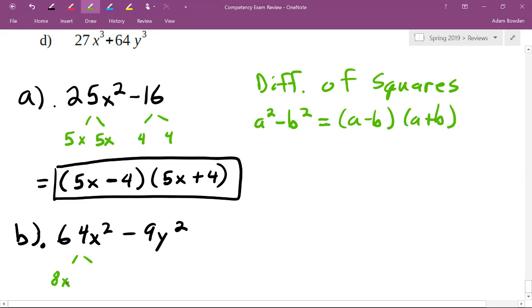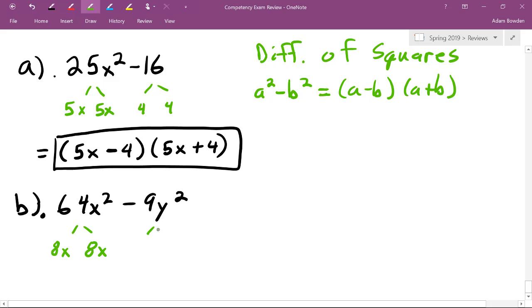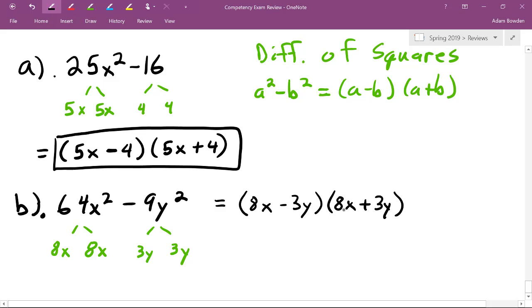That would be 8 times 8 is 64. And 3 times 3 is 9. So we're going to break this down into 8x and 8x for 64x squared, and 3y times 3y for 9y squared. And that's going to factor into 8x minus 3y times 8x plus 3y.